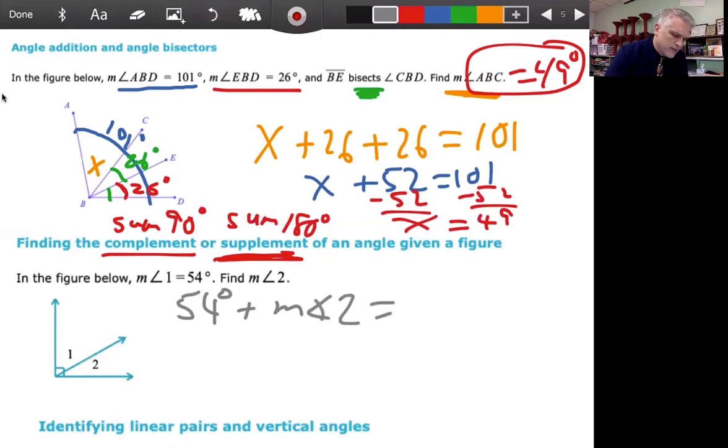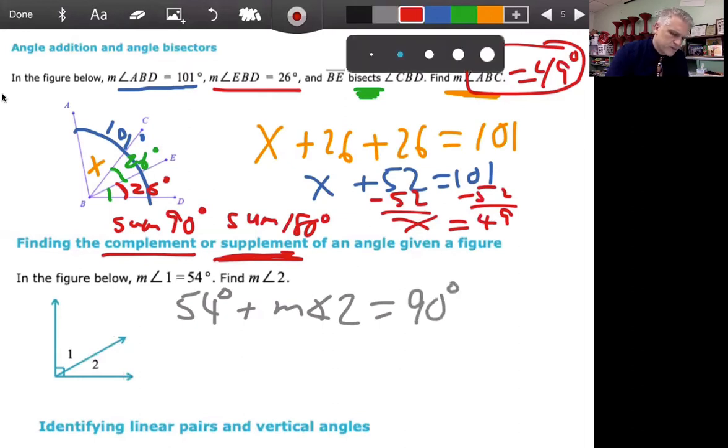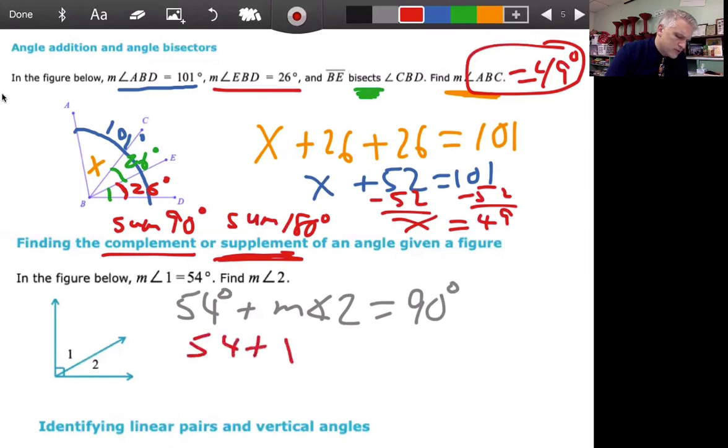Well, we know that the big angle is 90. I mean, we could have gone 54 plus x equals 90 if we'd wanted to set it up without all the measure and degrees notation. Either way, you're going to subtract 54 from 90, and you're going to get 36 degrees for angle 2.